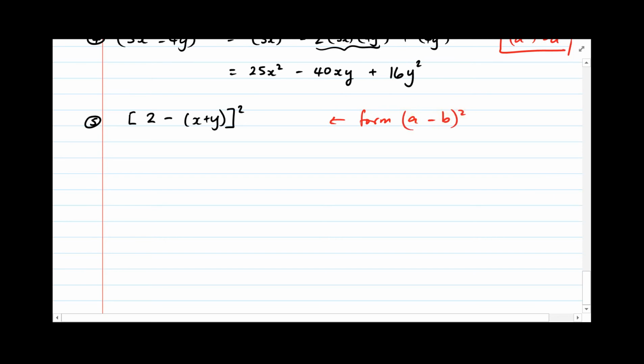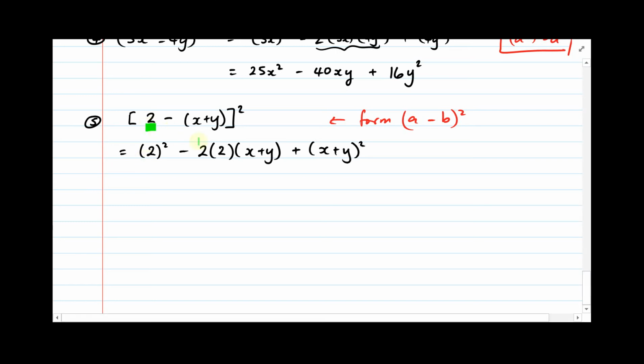So I'm just going to use that. So I have the first term, my a is just 2, minus 2 times this 2x plus y. Aha. So this is a neat one.